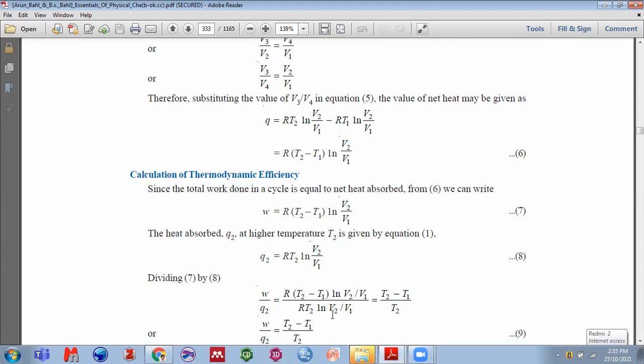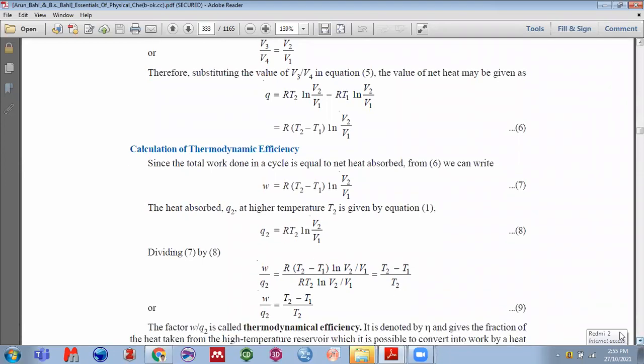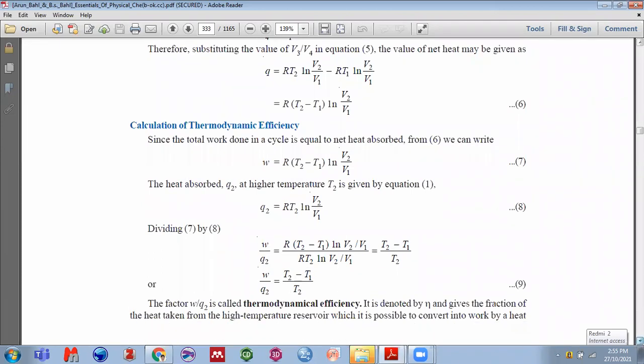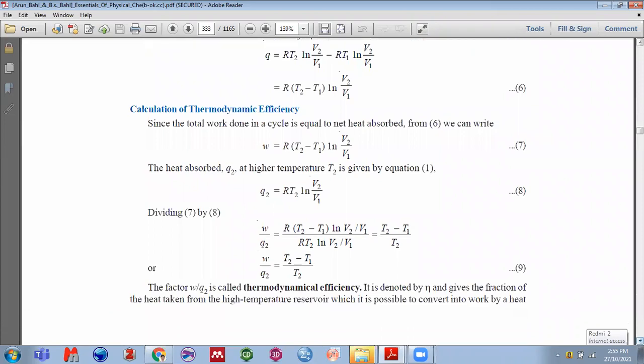ln V2 by V1 will be eliminated and R also eliminates. Now this calculation becomes T2 minus T1 by T2, that is W by Q2 equal to T2 minus T1 by T2. So this is the efficiency. The factor W by Q2 is called thermodynamic efficiency.